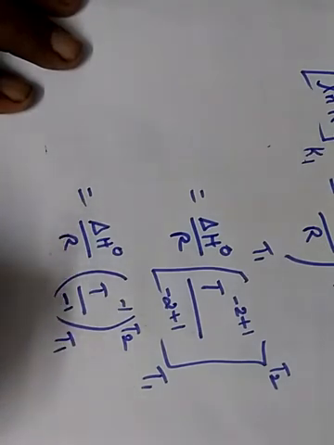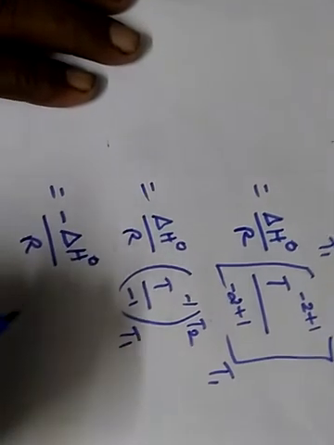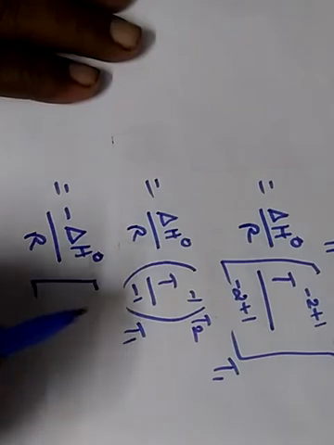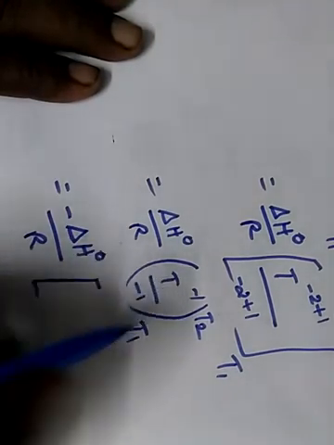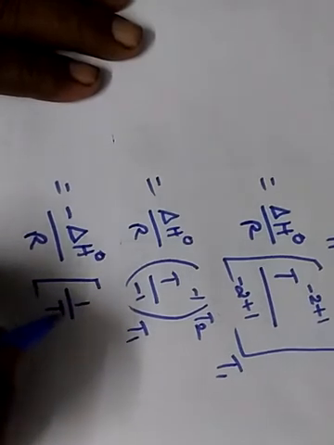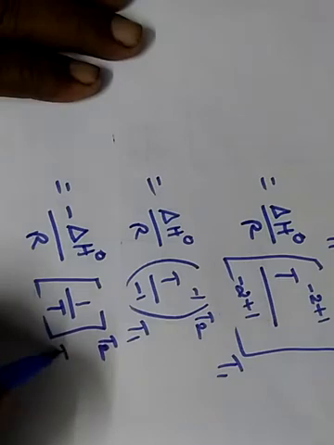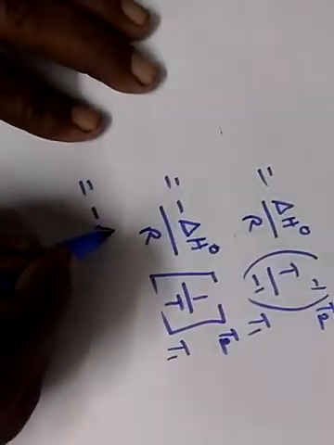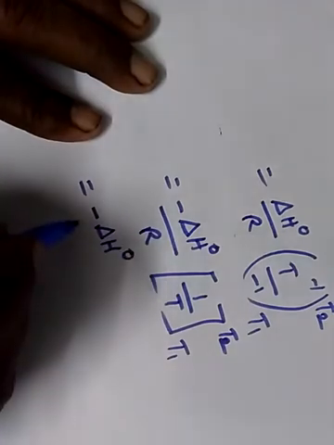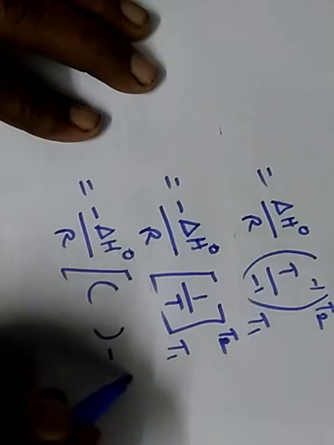Now bring this minus 1 outside, so minus ΔH° by R. T power minus 1 can be written as 1 by T, with upper limit T2 and lower limit T1. So the formula is minus ΔH° by R, upper limit minus lower limit.